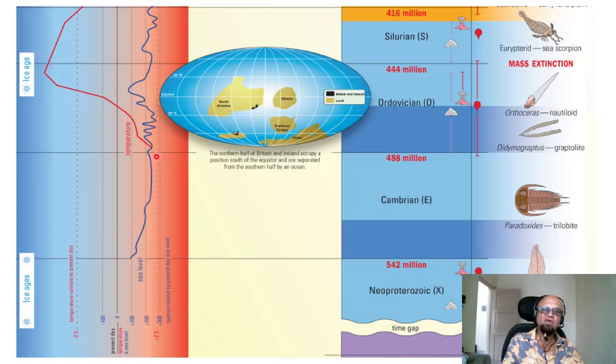Or you have to think of it as coming from here. So you are coming from here because time is going this way, from 542 million years ago to 488 million years ago to 444 million to 416. And you can see the redistribution of continents, or reconstructed continents, here. The northern half of Britain and Ireland occupy a position south of the equator, somewhere here.